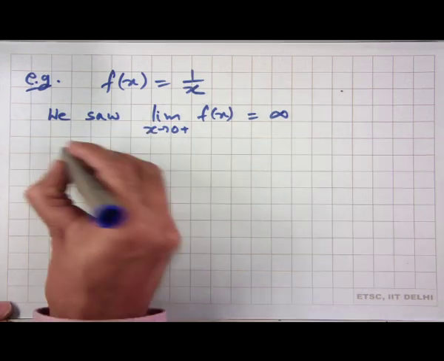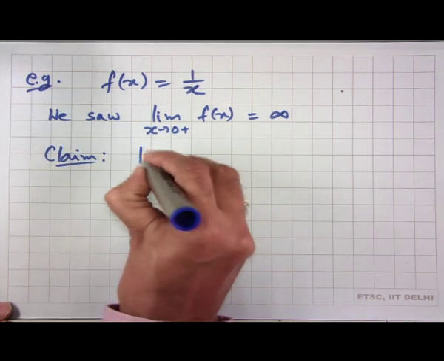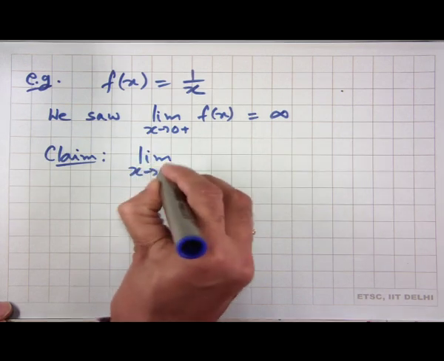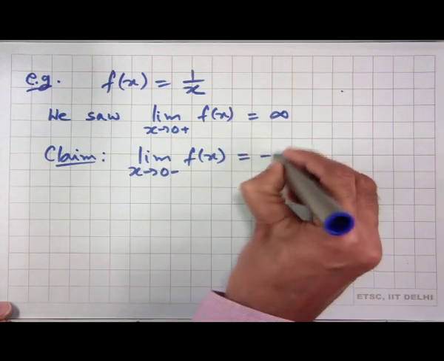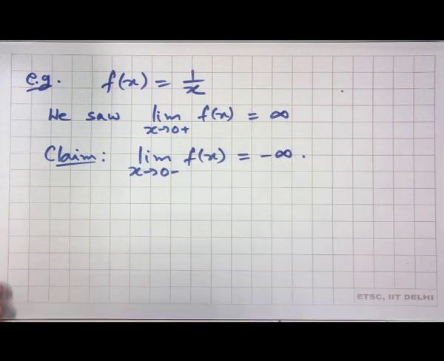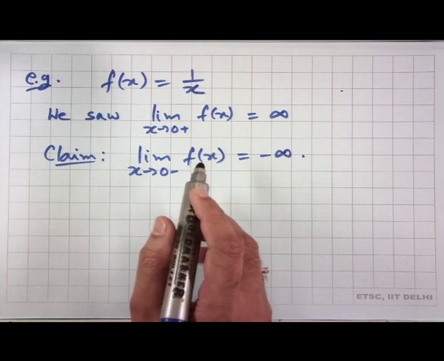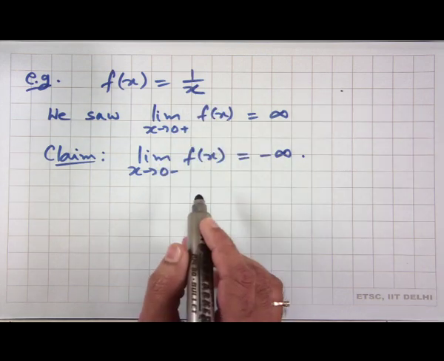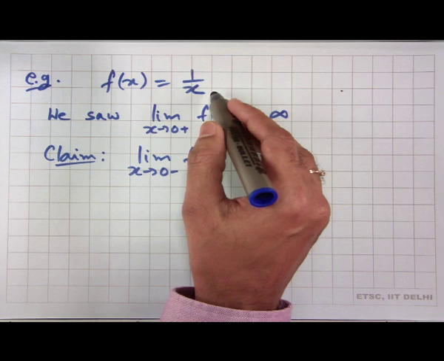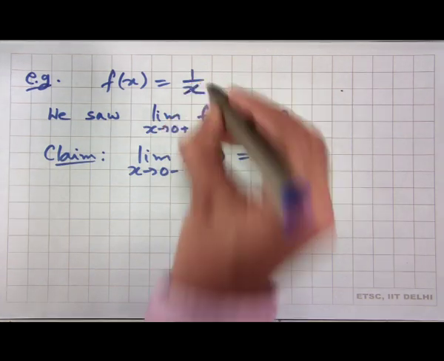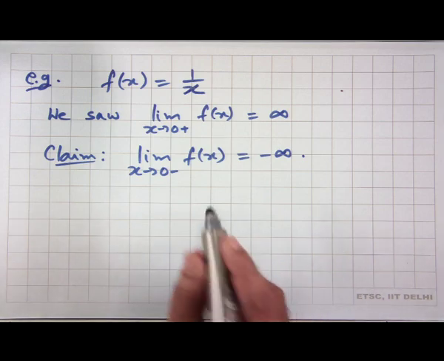So, the claim is the left hand limit of f of x is equal to negative infinity. This should again be clear, because if x is a negative real number, then 1 by x is also negative, and if you take x to be a negative real number which is very close to 0, then 1 by x will be a large negative number, right.